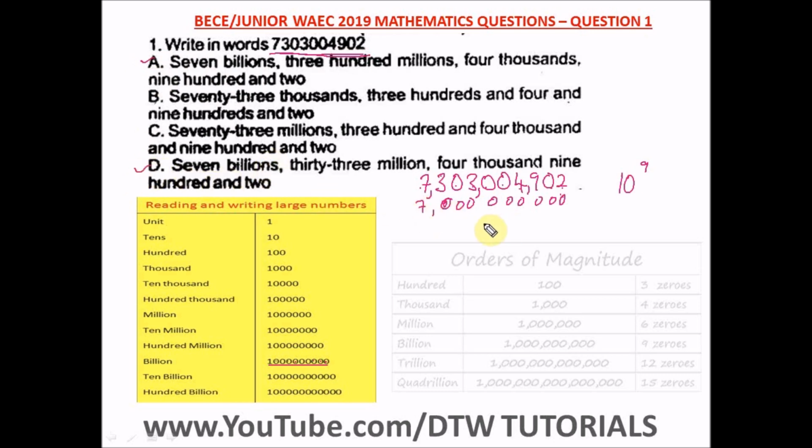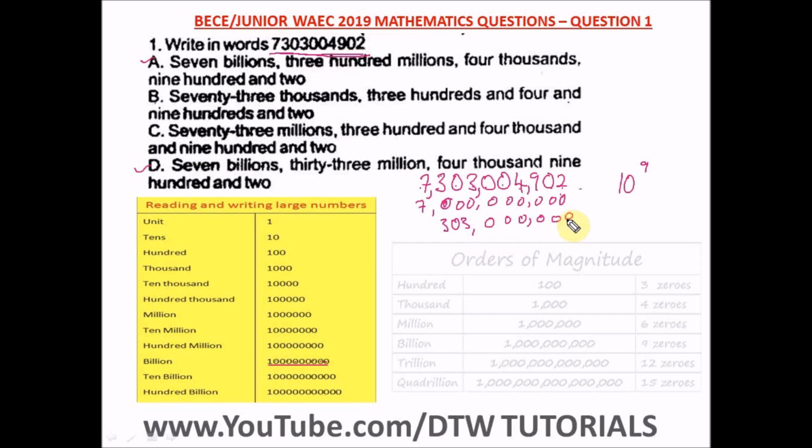Okay, 7 billions. All right, then the next value here will be 303. Okay, so if we drop 303 here, then put the rest as zeros, 0, 0, 0, 0, 0, 0. Okay, so this is 303.